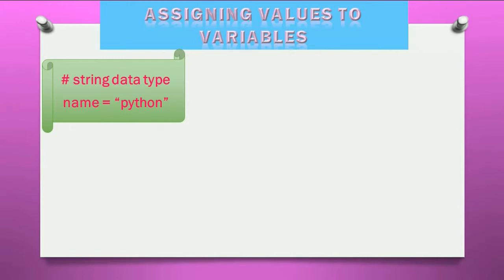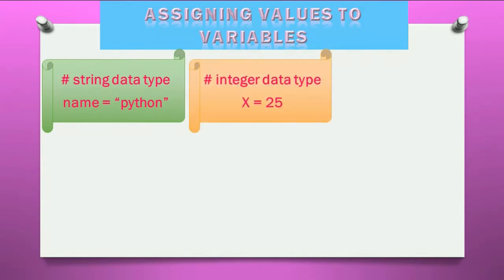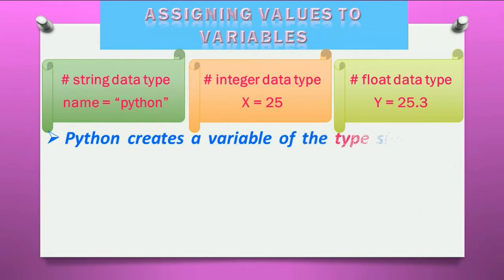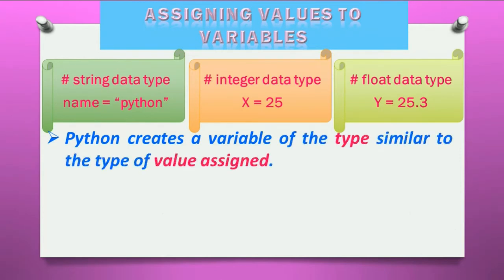Next we can see the integer data type: x = 25. 25 is a whole number, so an integer value is assigned to the variable x. We can also see floating point values, that is 25.3 is assigned to y. So we can assign different types of values to a variable. Python creates a variable of the type similar to the type of value assigned.